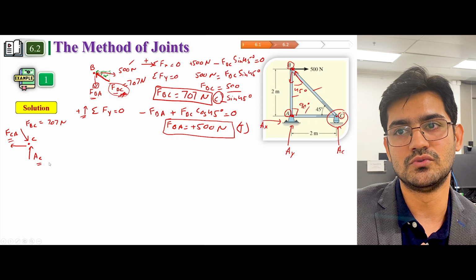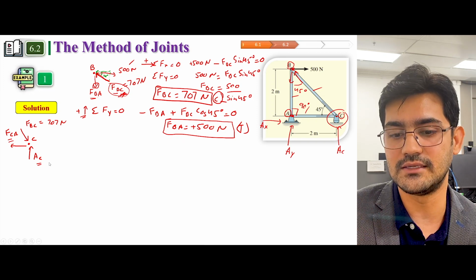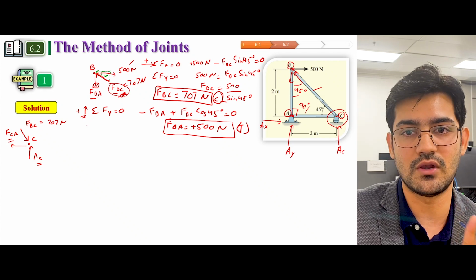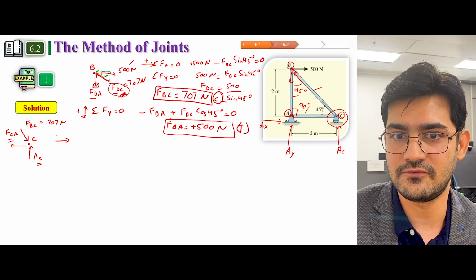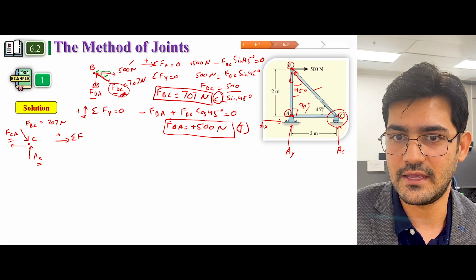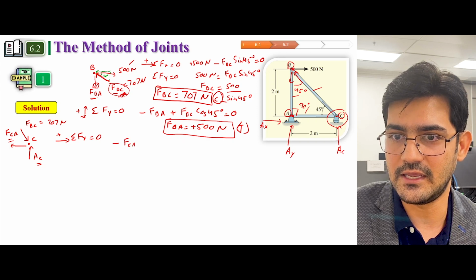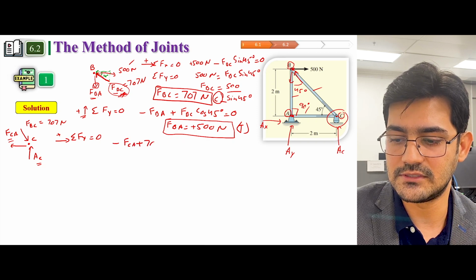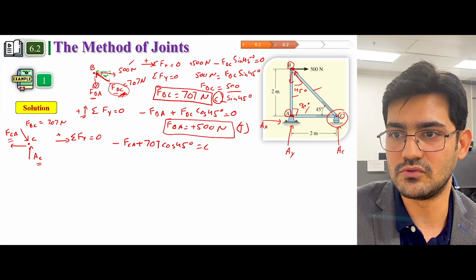And we have two equations, summation of F of x is equal to 0, summation of F of y is equal to 0. So we have two equations, two unknowns, so we can solve this. First I will do summation of F of x is equal to 0. And this would be minus F of CA plus 707 cos of 45 degrees is equal to 0.